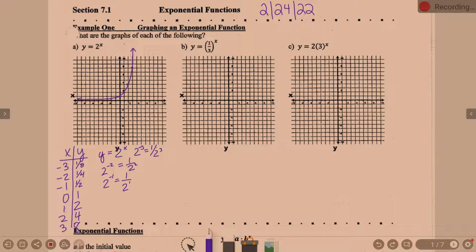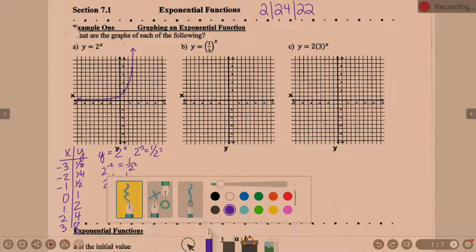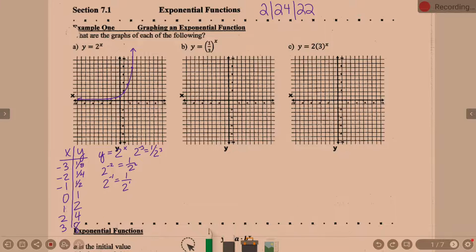Okay. We ready to try B? Okay, let's try B. Y equals 1/3 to the x. You have a little bit of an idea of how this graph looks, but it's also different, isn't it? So, what am I going to suggest we do?